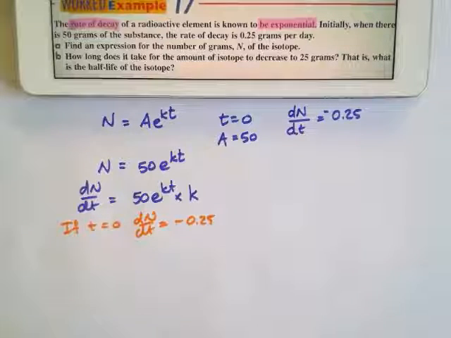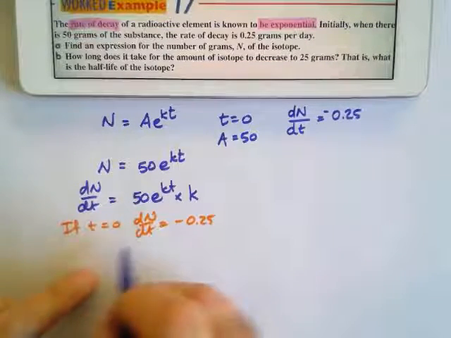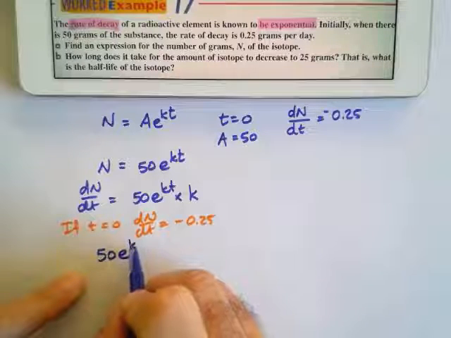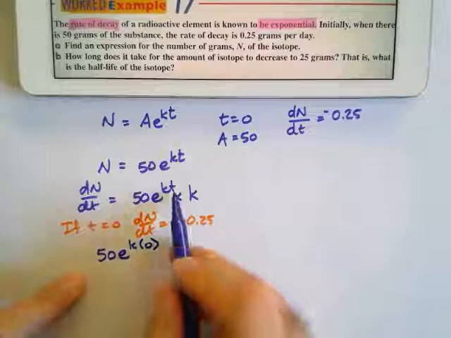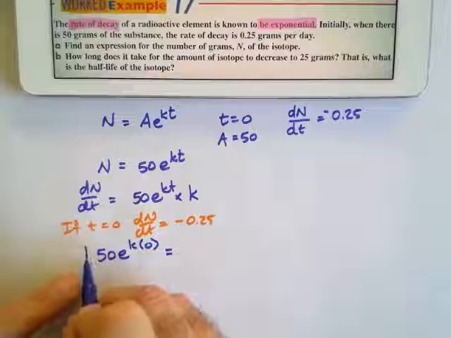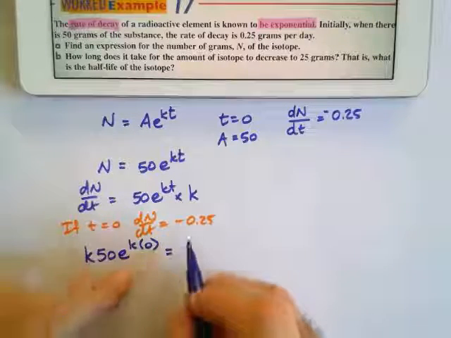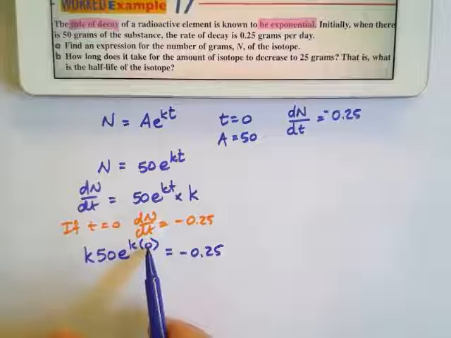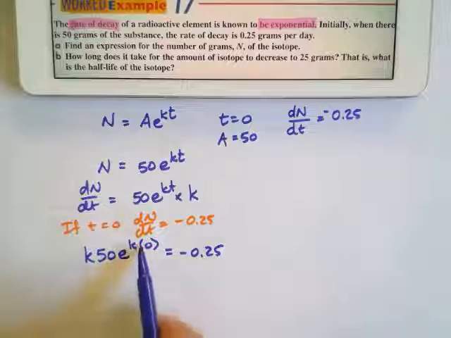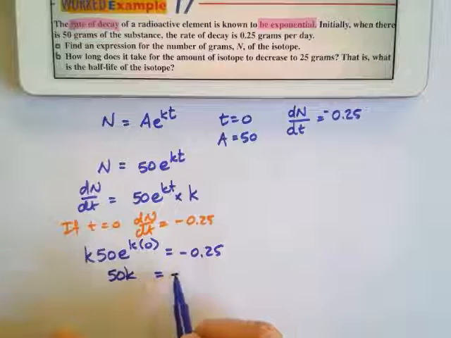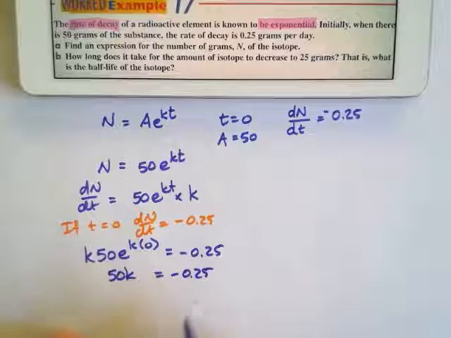In other words, if time is 0, then 50 e to the power k times 0, times k, equals negative 0.25. Now k times 0 is 0, e to the power 0 is 1, which means this is 50k equals negative 0.25.